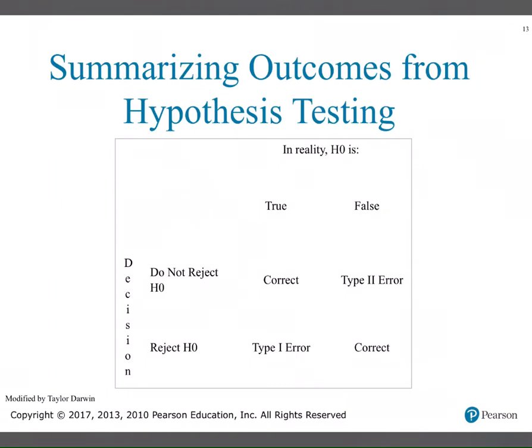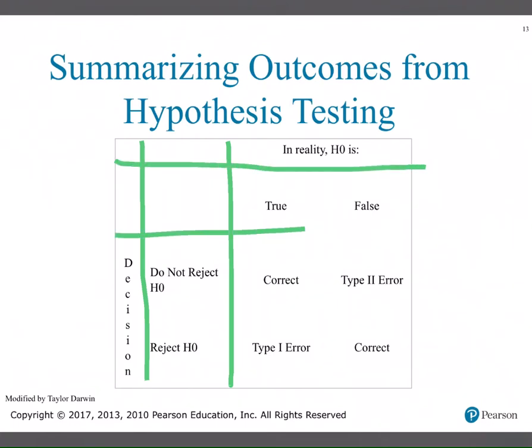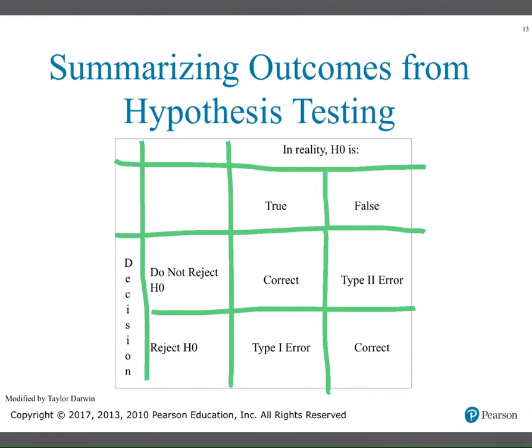Here is a table that will help, but let me draw the little bars to help you see what it looks like. There we go. So in reality, the null is true.